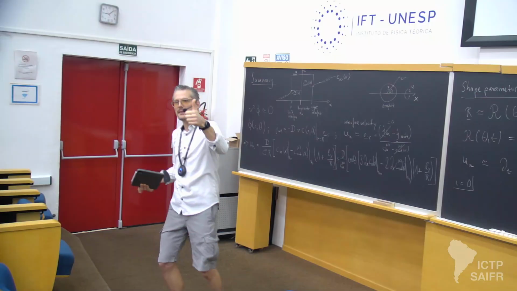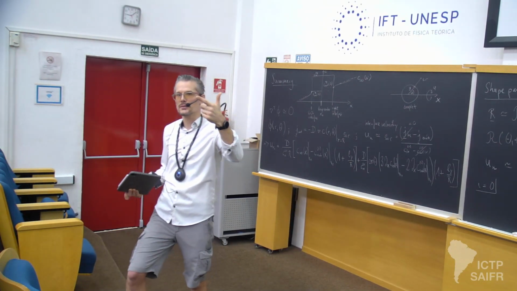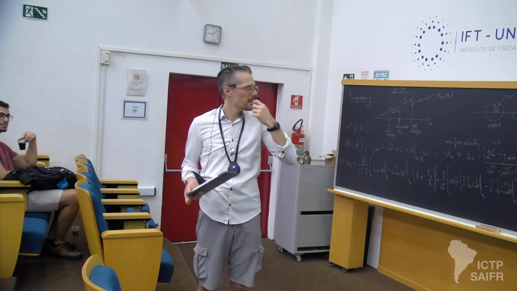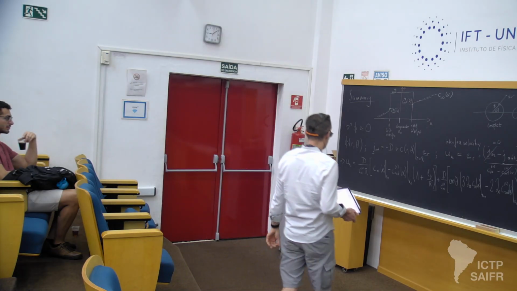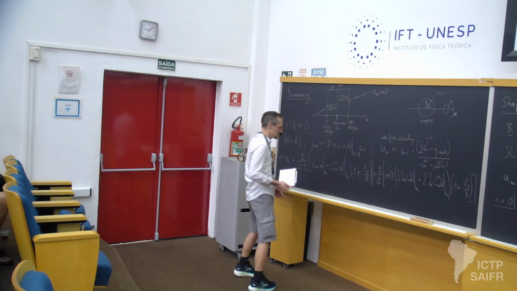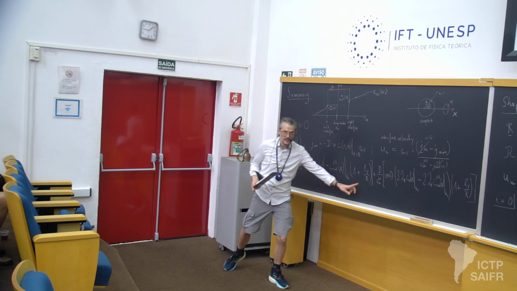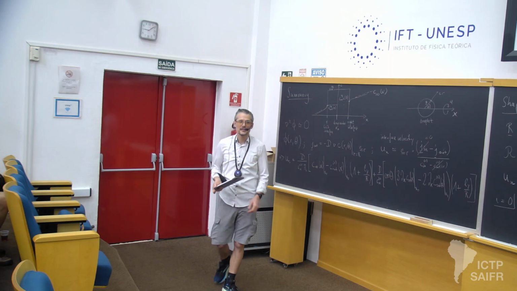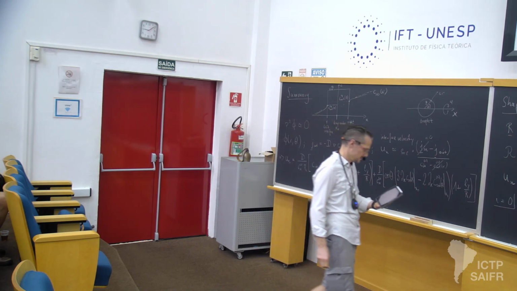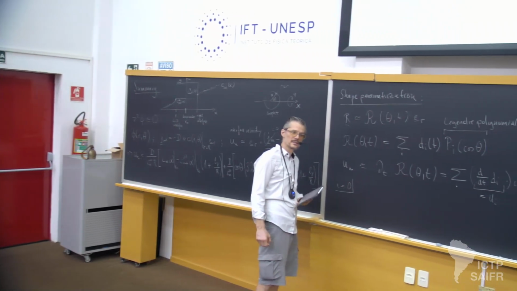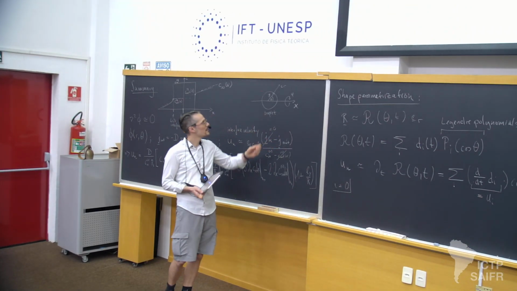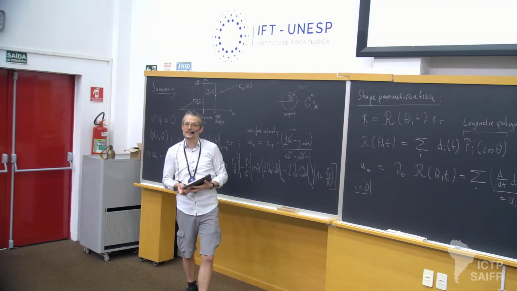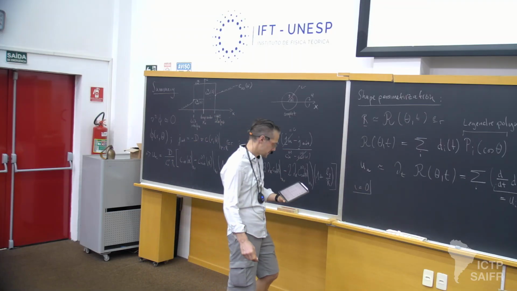It is a constant 1, the first Legendre polynomial, and then it's cosine theta, right? So if I project this on 1, what do I get? I get this, right? What is it? What type of object could it be that characterizes the shape?